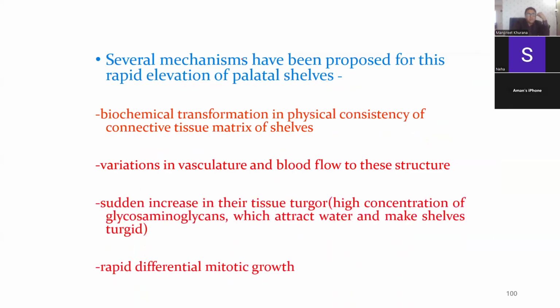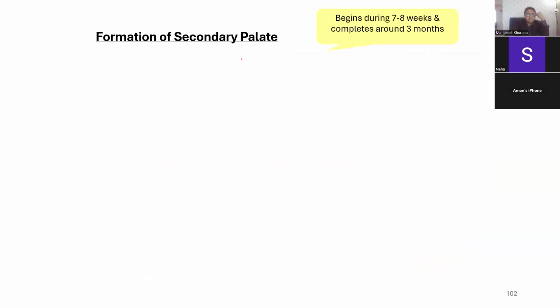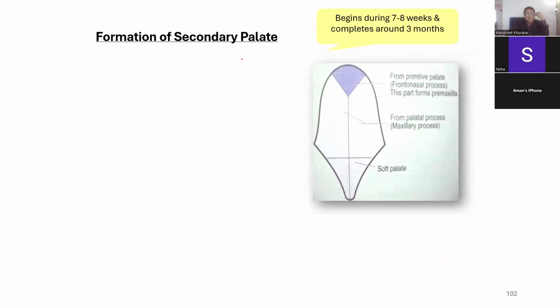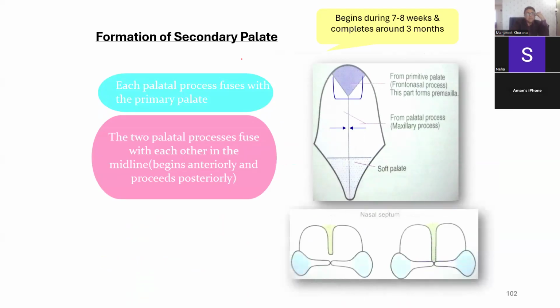Now, we are not going to read about the elevation of palatal shelves because this is related to histology and other structures. So let's see how the secondary palate is formed. Each palatal process fuses with the primary palate. The two palatal processes fuse with each other in the midline, beginning anteriorly and proceeding posteriorly.